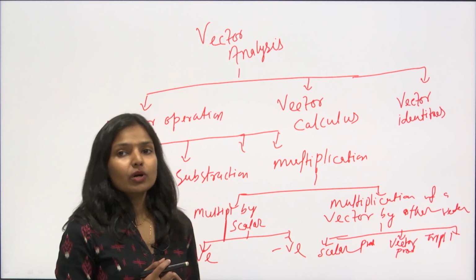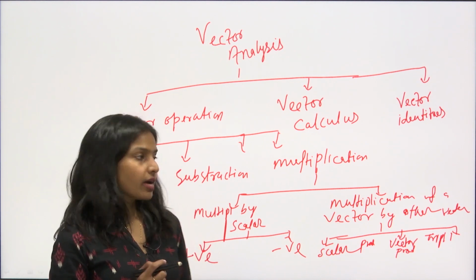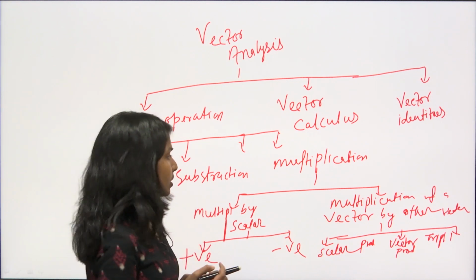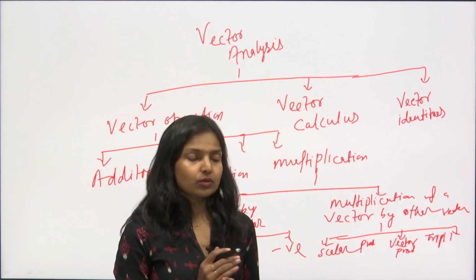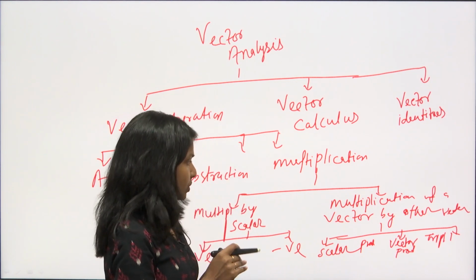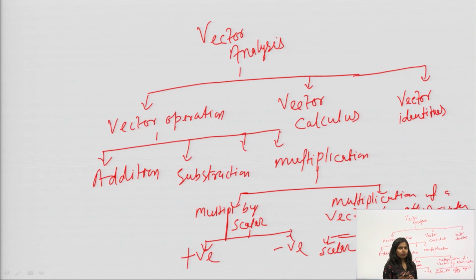So scalar product is also known as dot product, vector product is also known as cross product, and triple products are another kind of product which we will discuss later, and we will also see examples and solve some numericals on this.